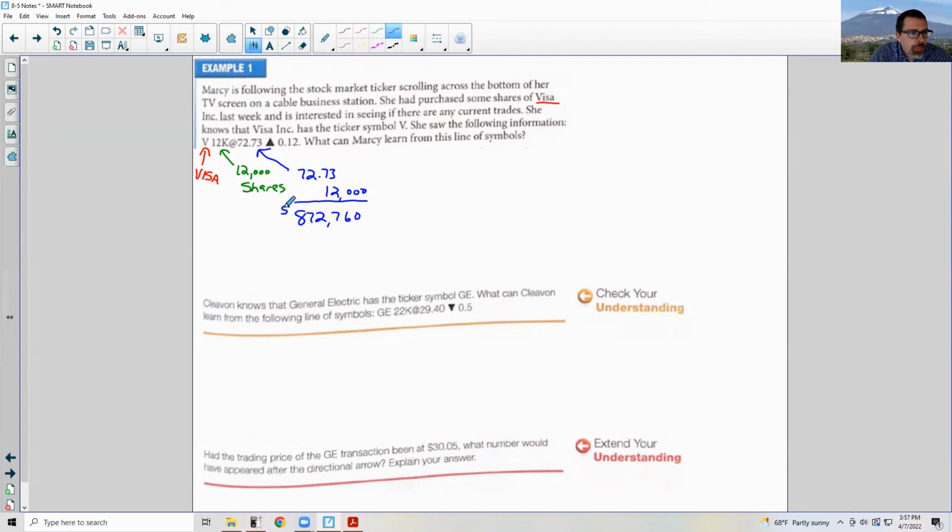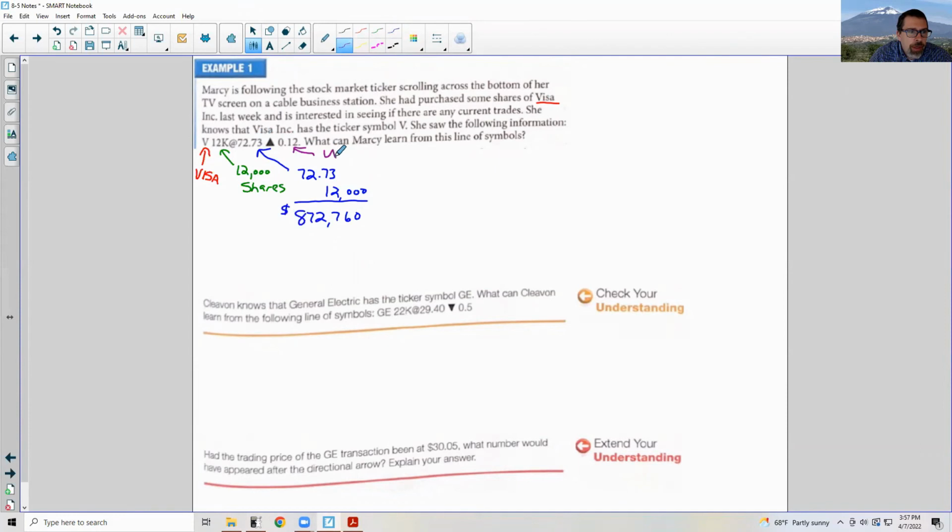Okay, so somebody purchased quite a bit of shares of Visa. They were bought on an uptick. That's what the arrow up means. So the price was up 12 cents from the previous day's close when they made that purchase, and that's what that means. It was up 12 cents from the previous day's close.